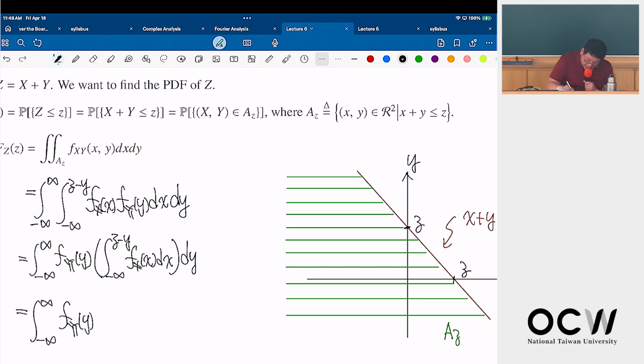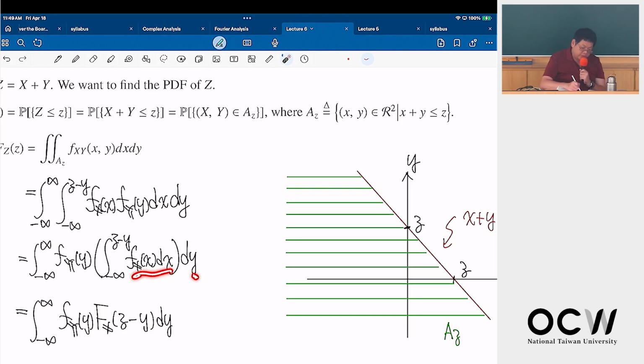And how about this integration? That is the CDF of x at z minus y, dy. We chose to integrate x first, then y.